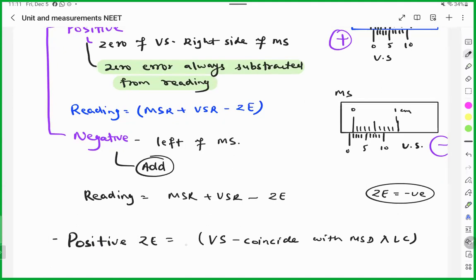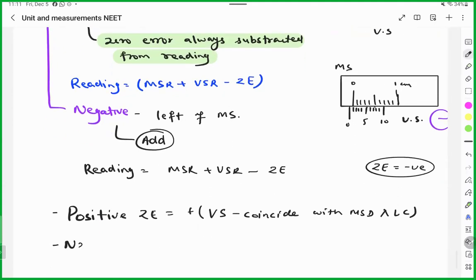But here it is positive. In case of negative zero error, what will happen? Total number of Vernier scale divisions, VSD, minus the Vernier scale division which coincides with the main scale, and multiply by the least count. What is the difference here?